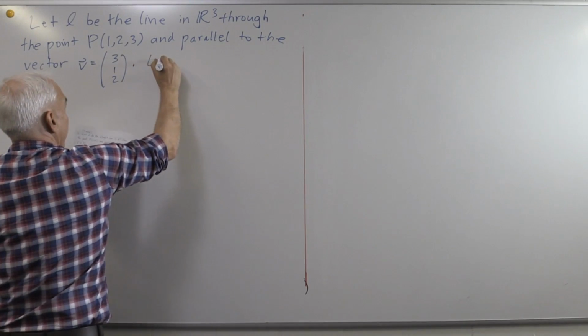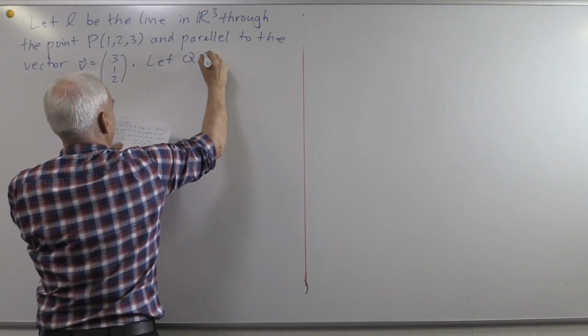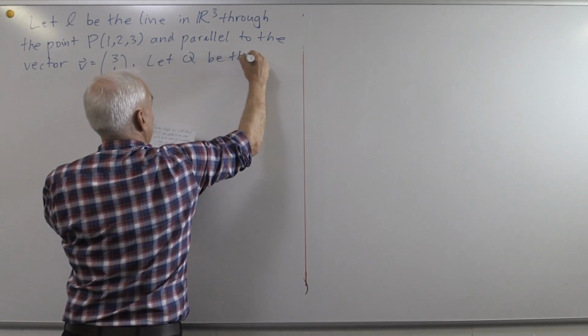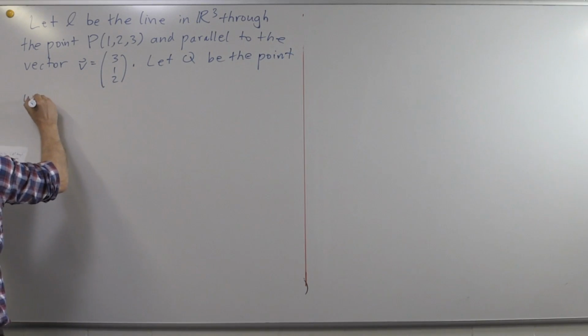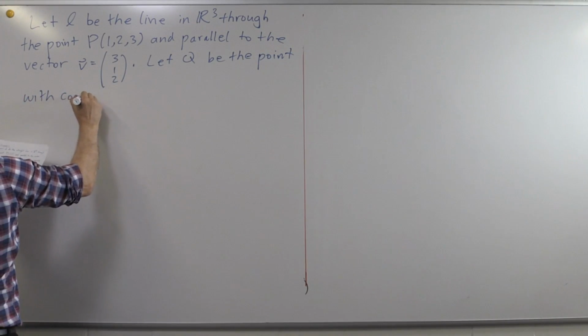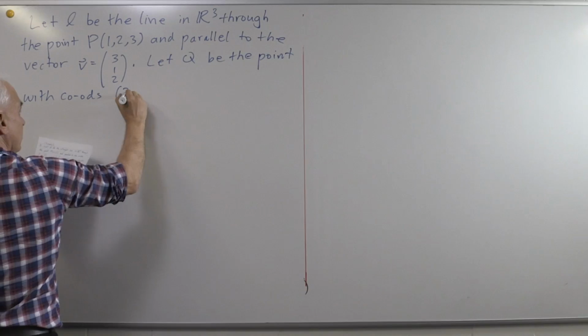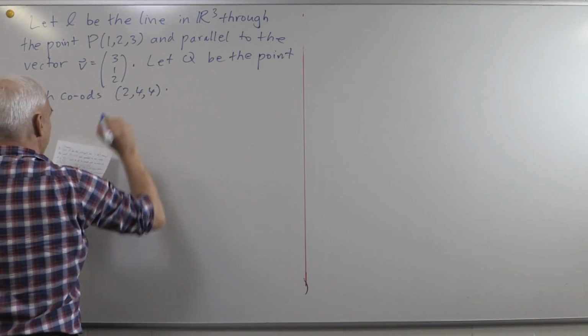And now we're also told that Q is the point with coordinates 2, 4, 4.